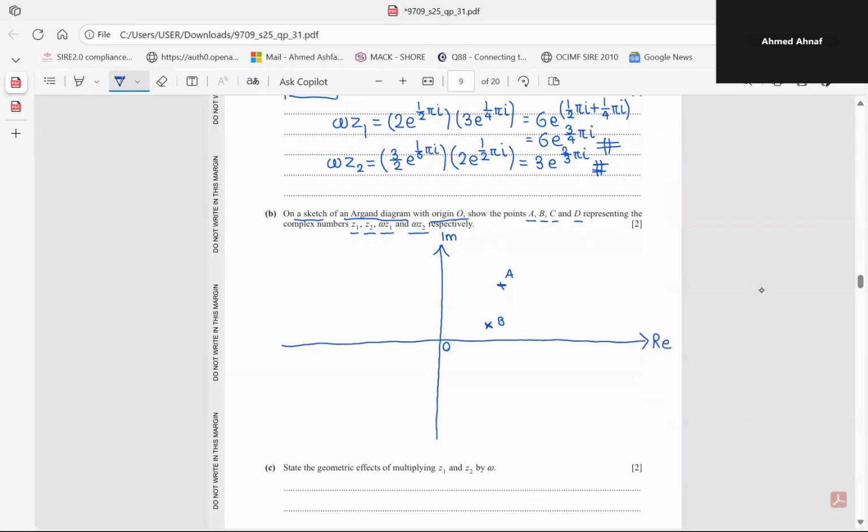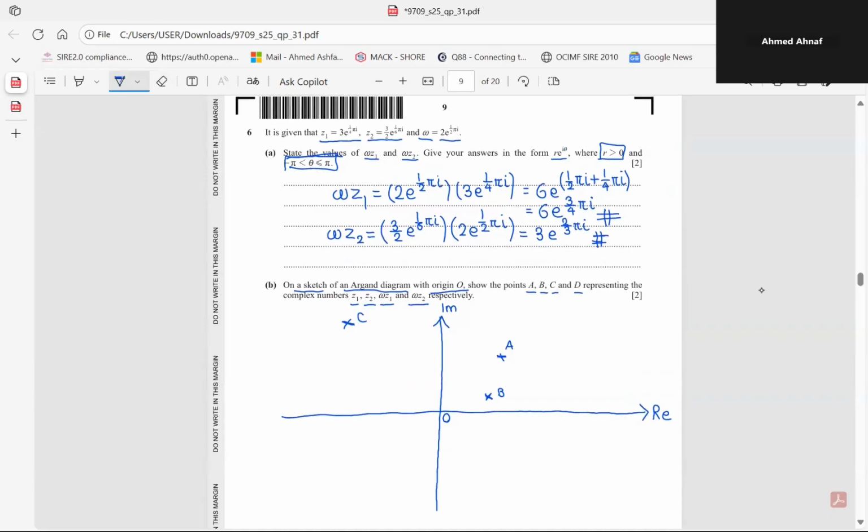So this would be the furthest of the three from the origin. So it would be something like this. Okay, that's a good sketch. Let's erase all this. Okay, so this is C.